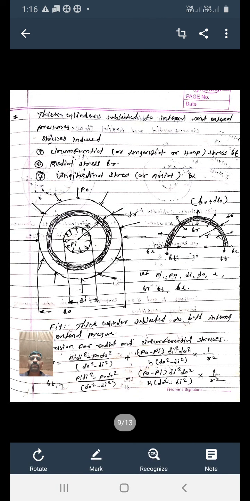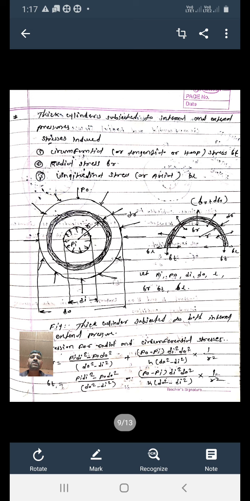The next topic is the thick cylinder subjected to internal and external pressure, both internal pressure as well as external pressure. When the thick cylinder is subjected to pressure, different stresses are induced in it.